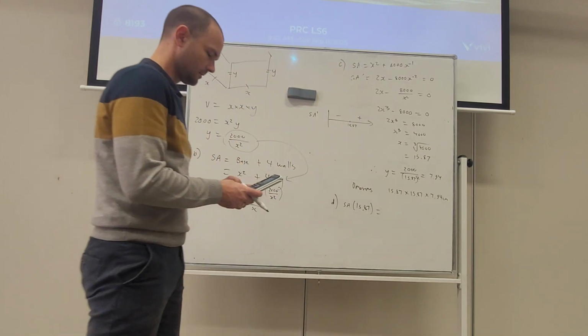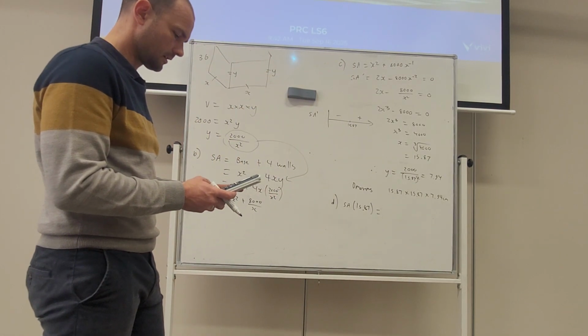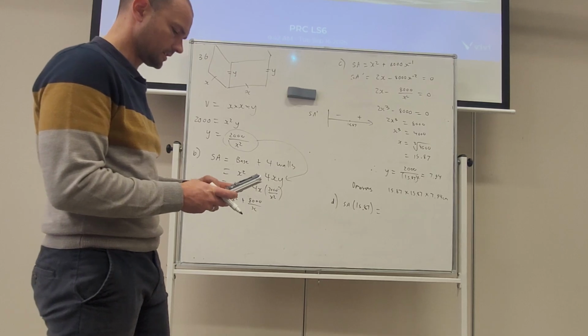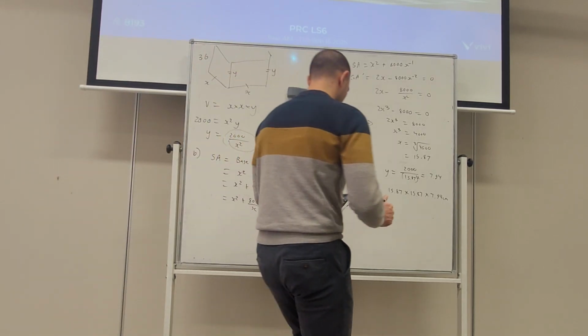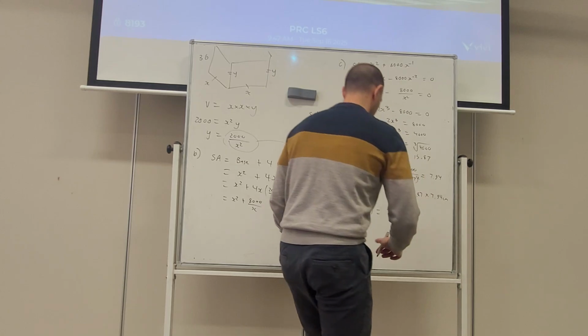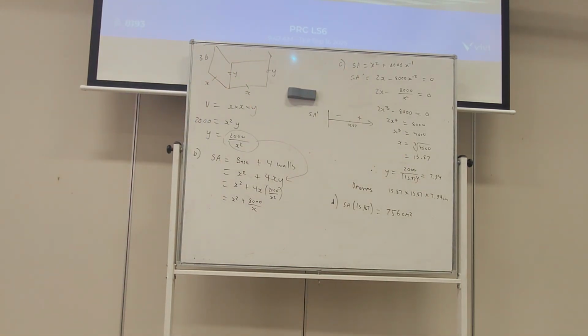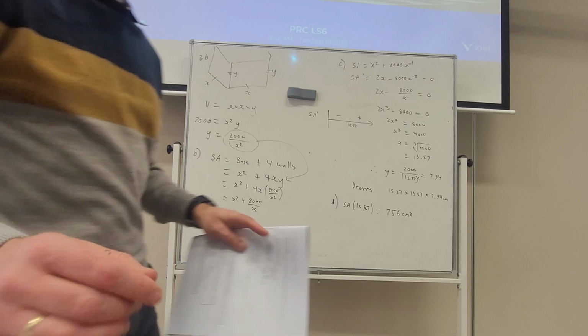We'll have 15.87 squared plus 8,000 on top of 15.87. I've got 756 centimetres squared is the minimum surface area. Tremendous. So that's a good summary of applications of calculus. That was a nice long one.